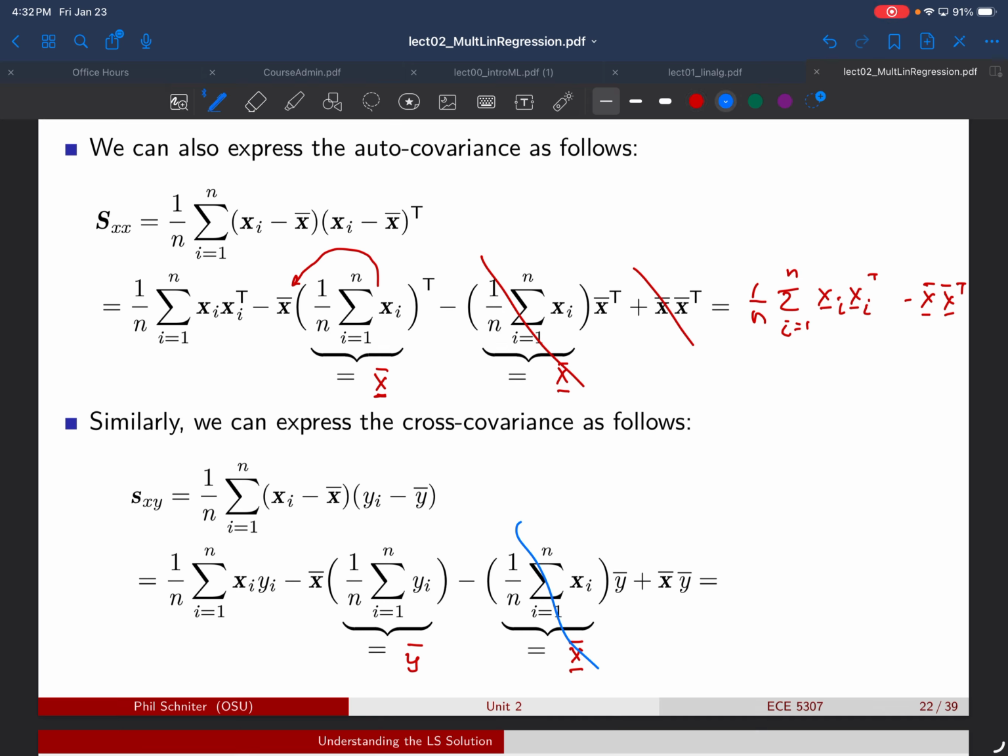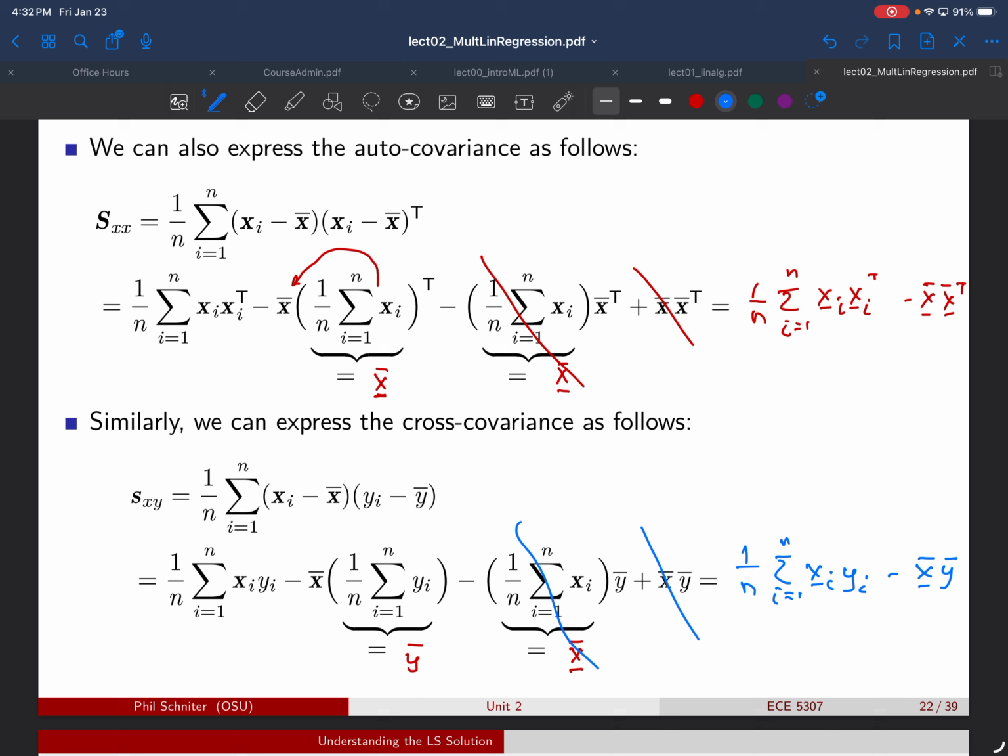So what we have left is this average over i of xi times yi. Here, it's not the deviation, but just the raw average of the product. And then here, x bar y.